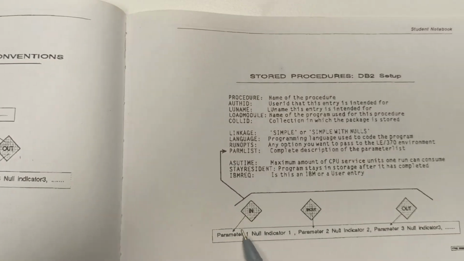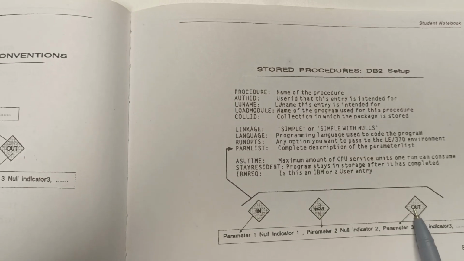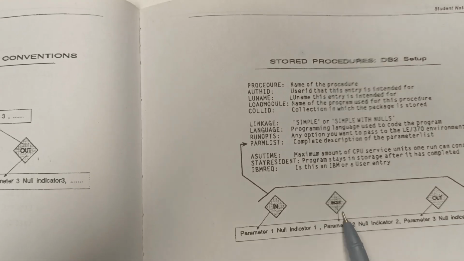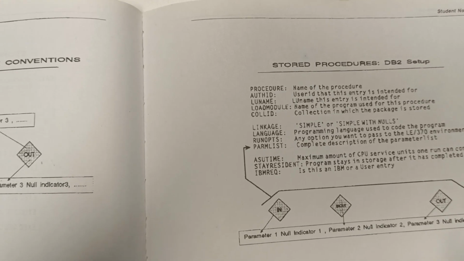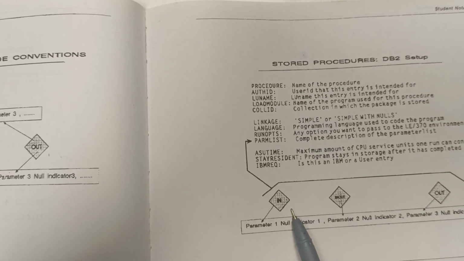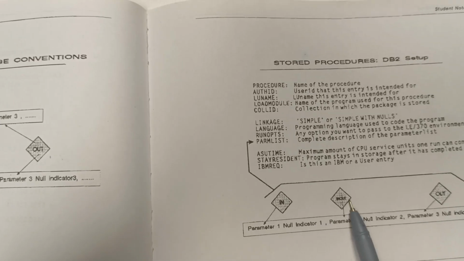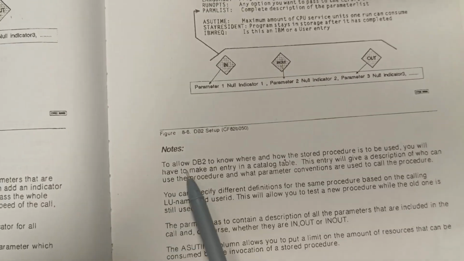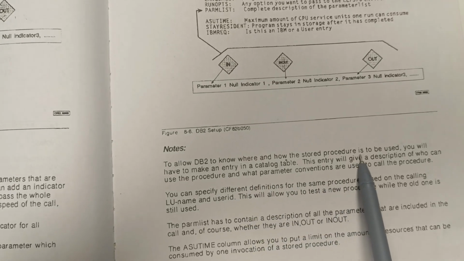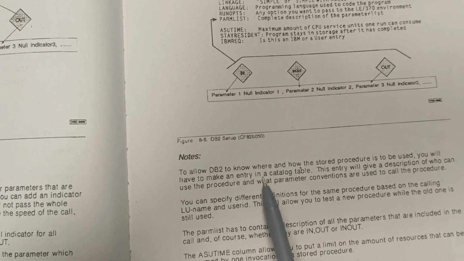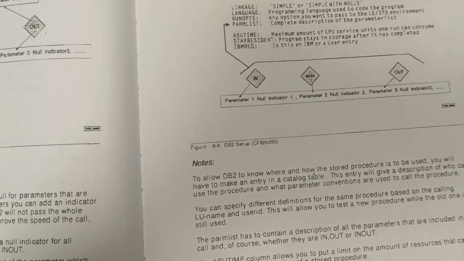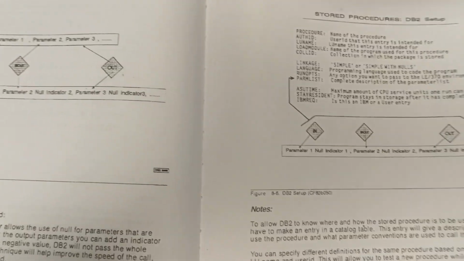These are the parameters we have to use: IN, OUT, and IN OUT. IN is single direction, OUT is single direction, and IN OUT is nothing but a bidirectional value. And to allow DB2 to know how to send to a stored procedure, you need to make an entry in the catalog table that I mentioned, the SYSIBM system catalog table.